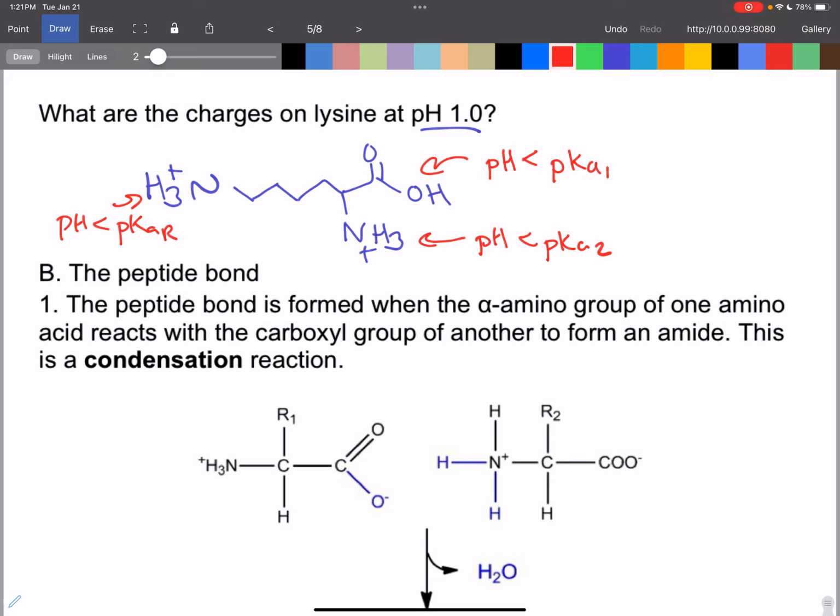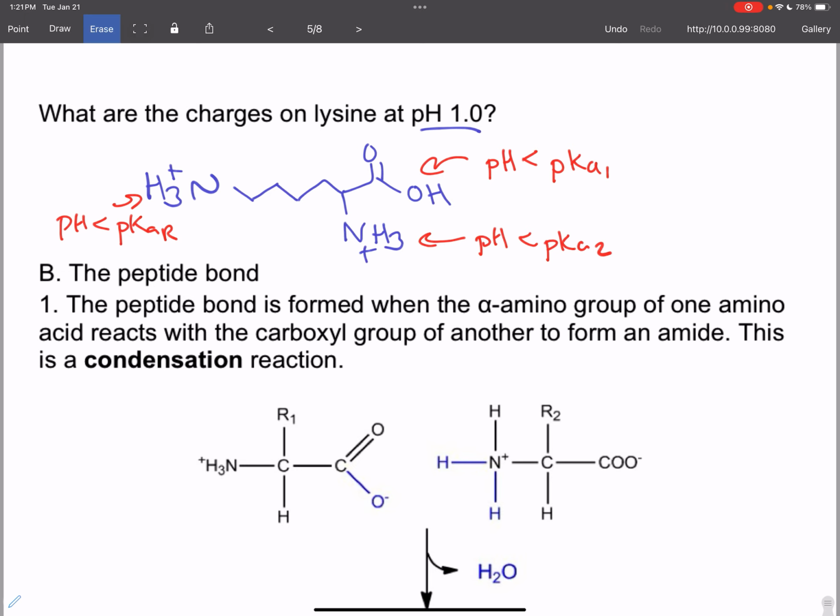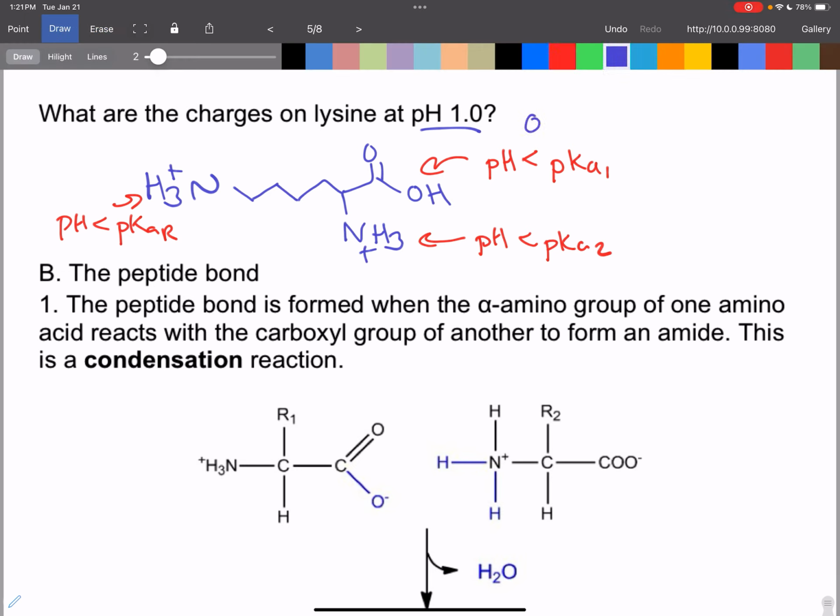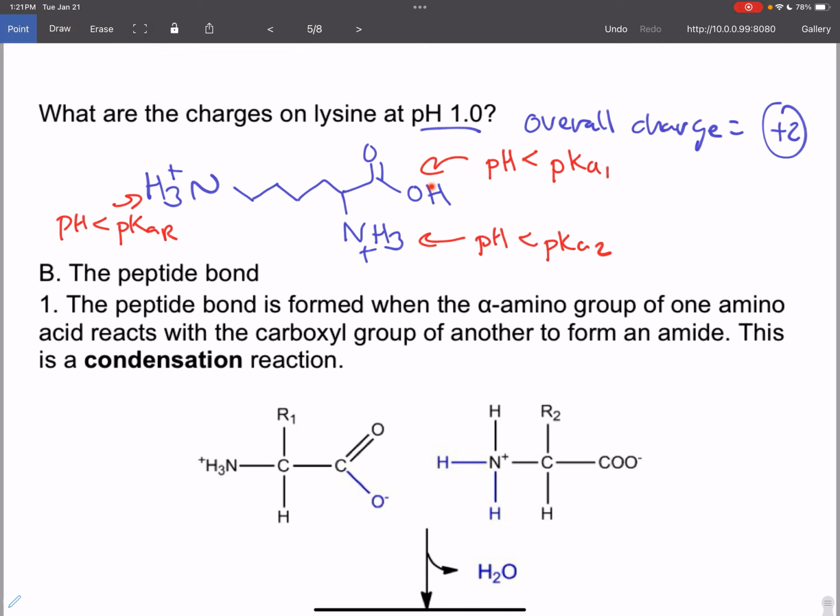So it should make sense that at pH 1, all the groups that can be protonated will be protonated. And that's why in this example the overall charge equals +2, because we don't have a negative charge from the carboxyl group, and both amines give us the positive charge.